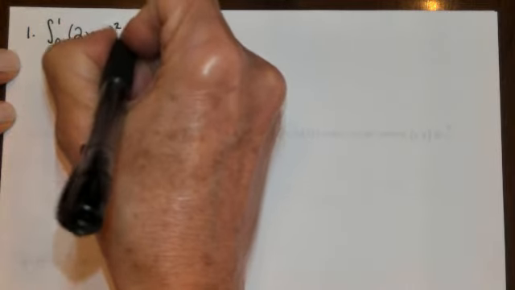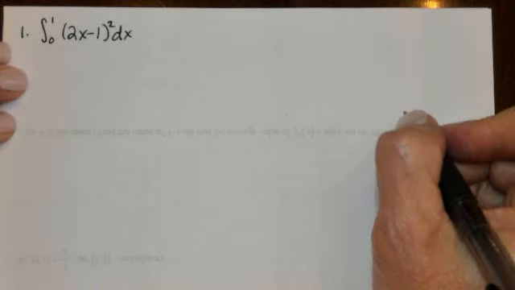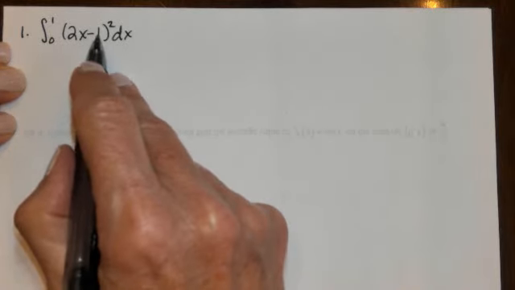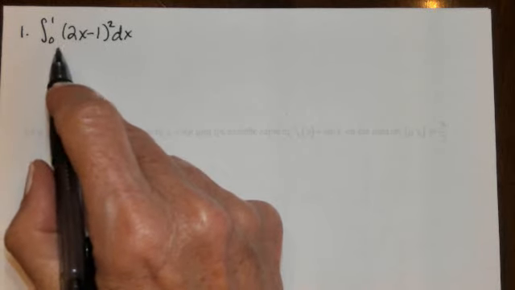So example 1. Let's say that we have the integral from 0 to 1 of 2x minus 1 squared dx. If we were to graph this, it would give us a parabola, right? And we don't have a geometric formula to give us the area under a parabola.